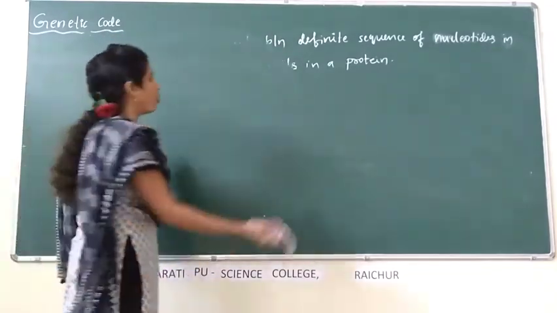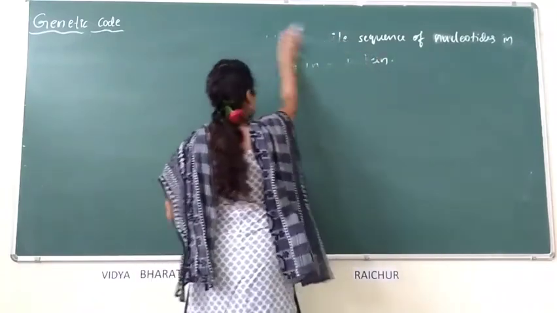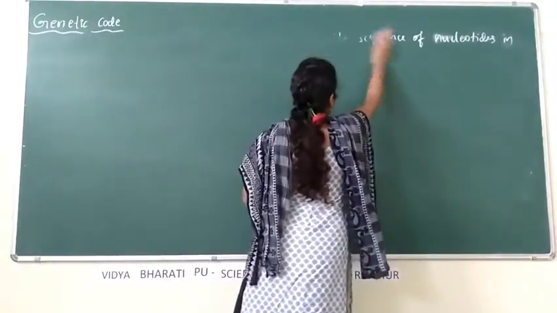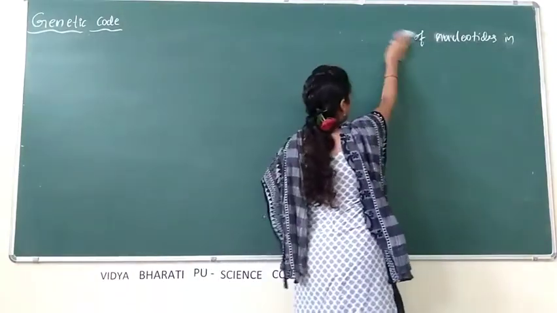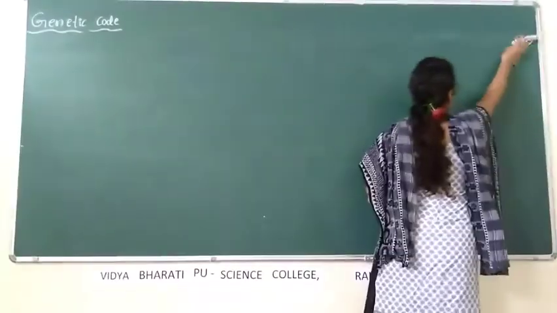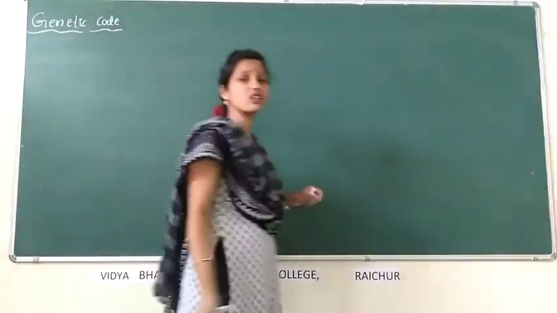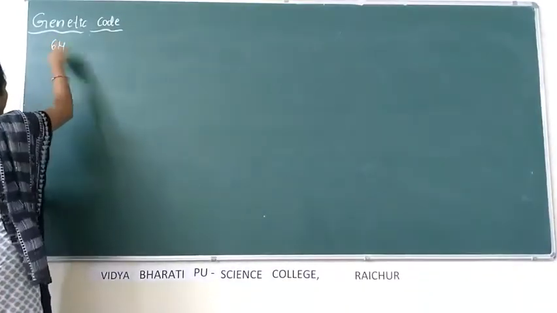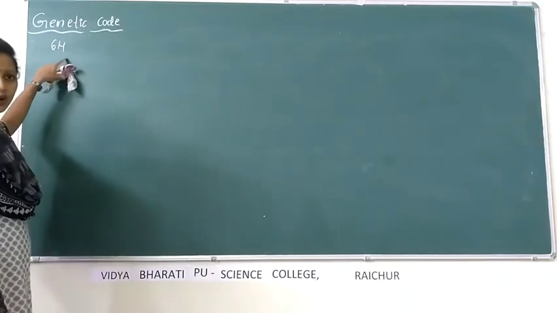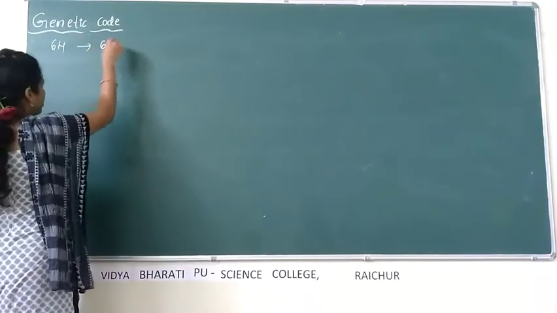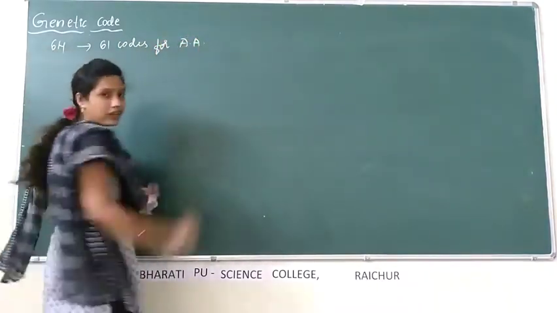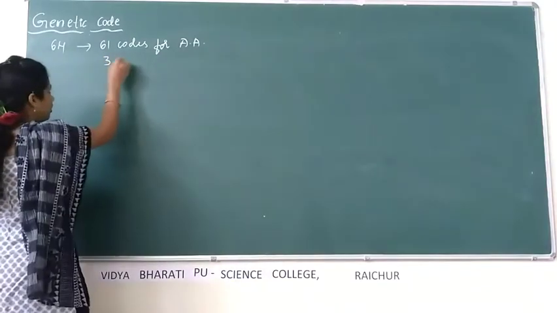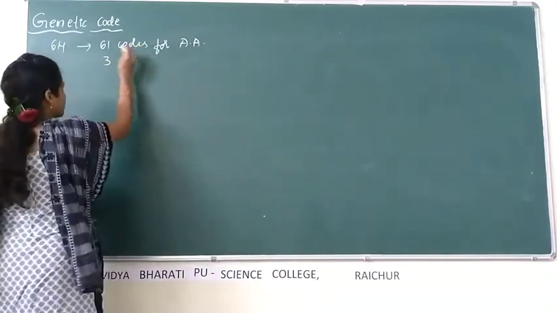Out of the 64 genetic codes, 61 code for a particular amino acid, and the remaining three act as stop codons.